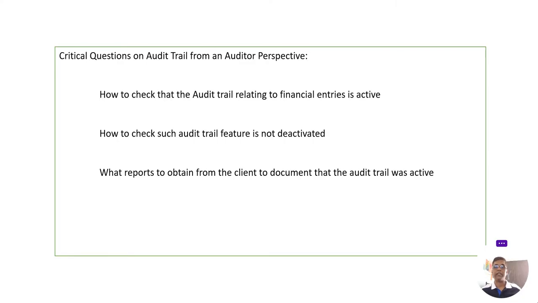Then how do we generate the different types of reports, and what reports to obtain from your client system so that you can establish that the audit trail was active. So friends, this is what I wanted to set as context on what exactly the audit trail is, and what types of questions an auditor will have.